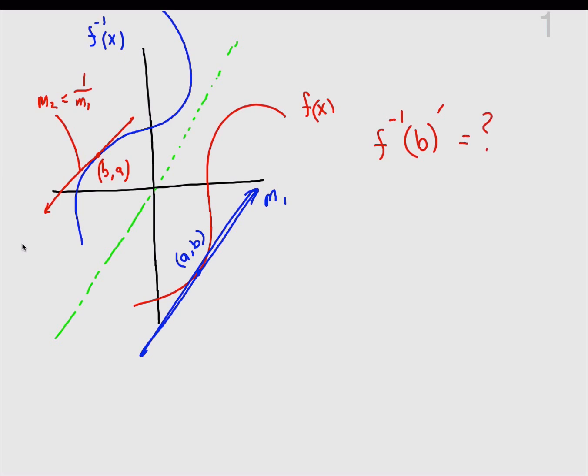Instead of finding this, I'm going to find this and then flip it over. Okay, so let's say that turns out to be smiley face. Then my final answer up here is just going to be 1 over the smiley face.